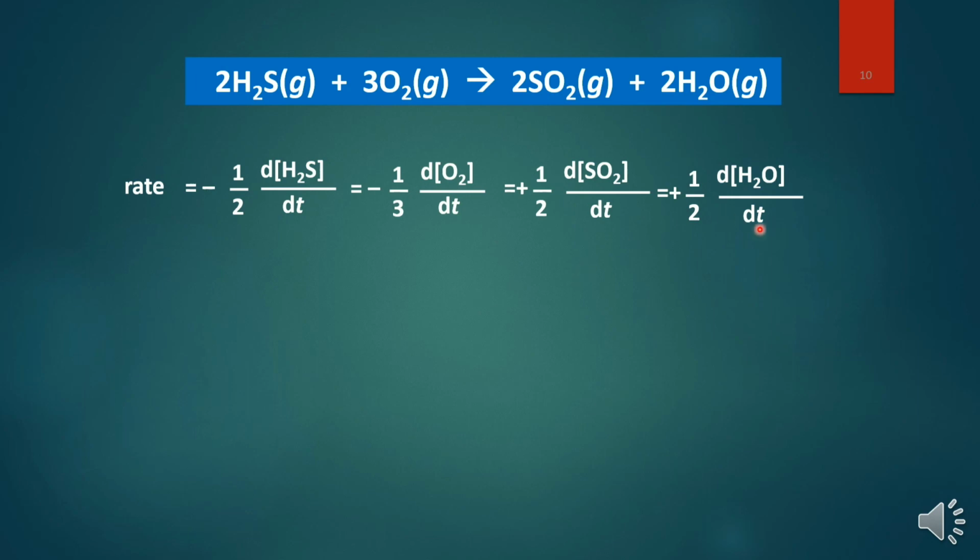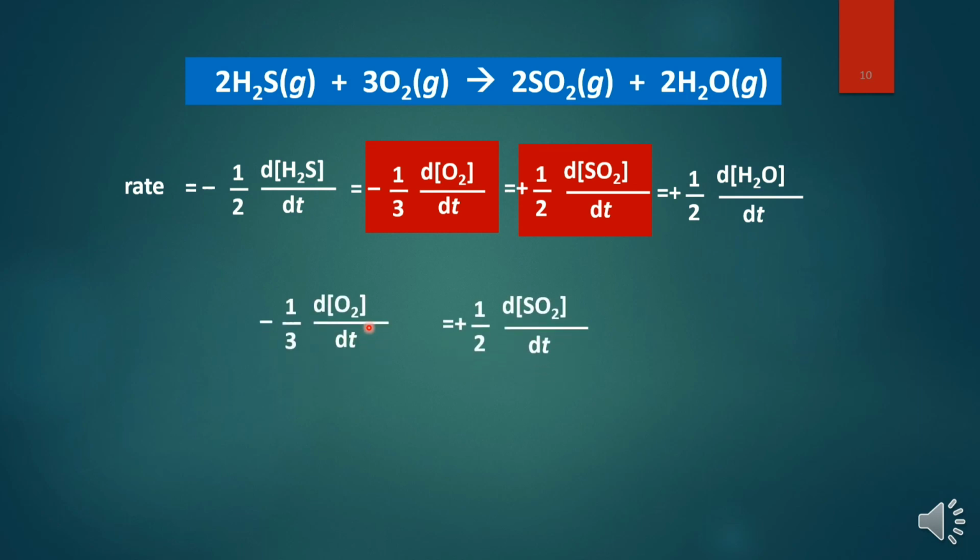Based on the differential equations, the targeted question is the rate of disappearance of oxygen gas when there is a formation of sulfur dioxide. So we're going to use this to calculate the rate of disappearance of oxygen gas based on the information given.